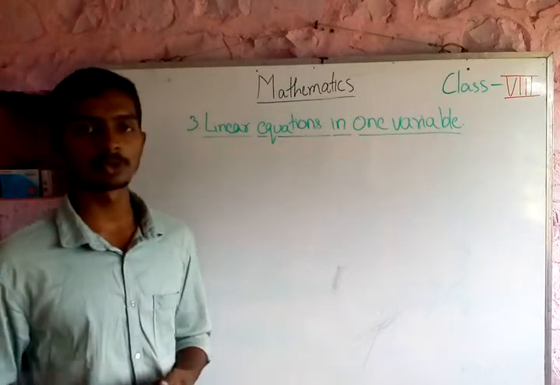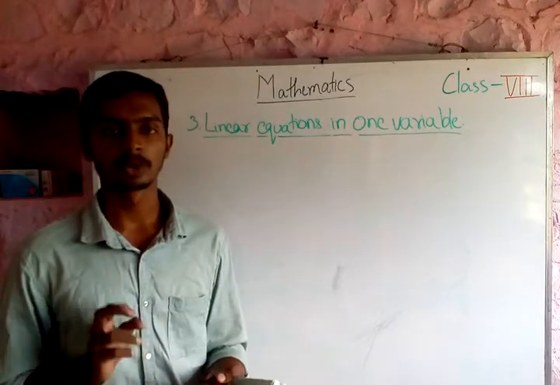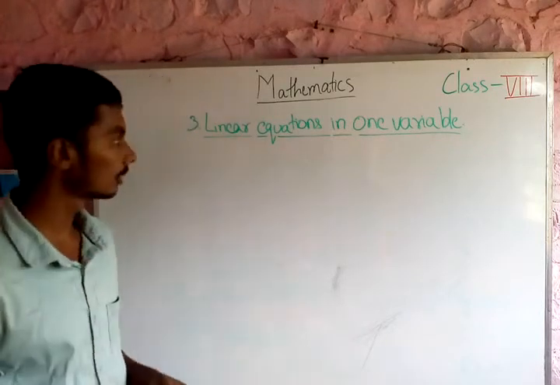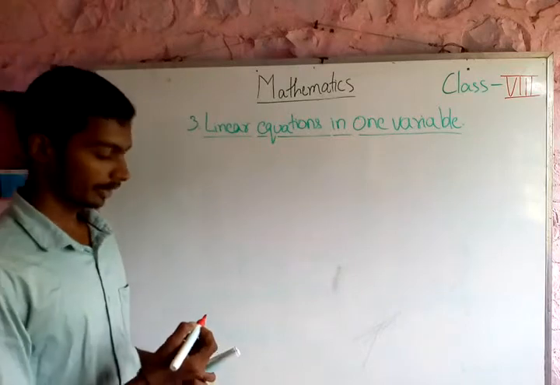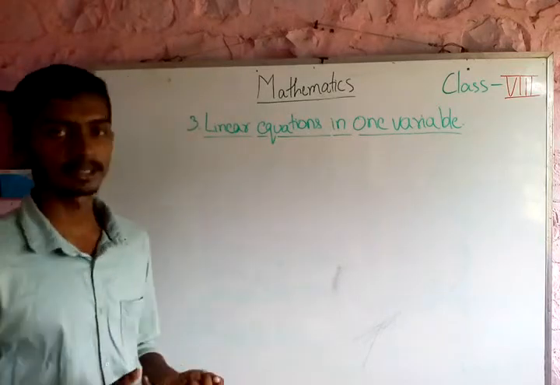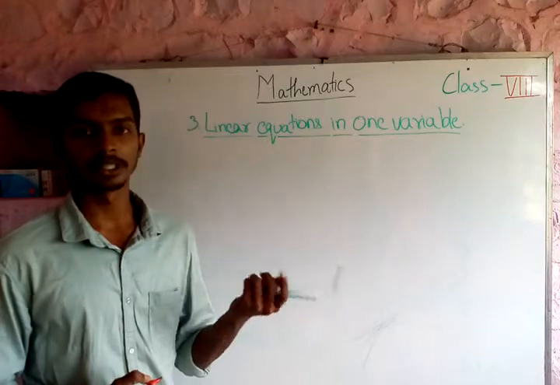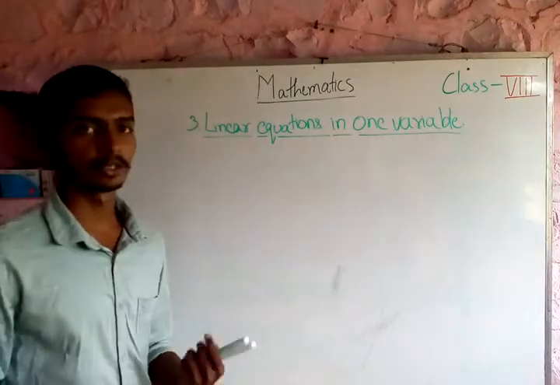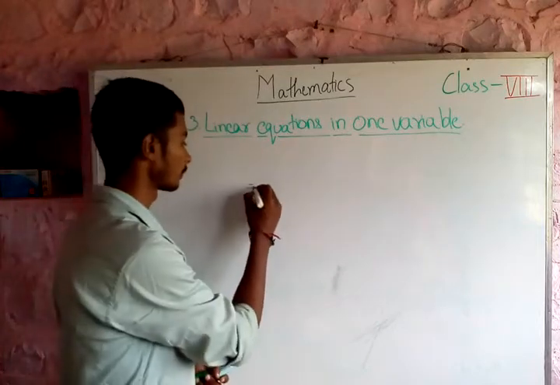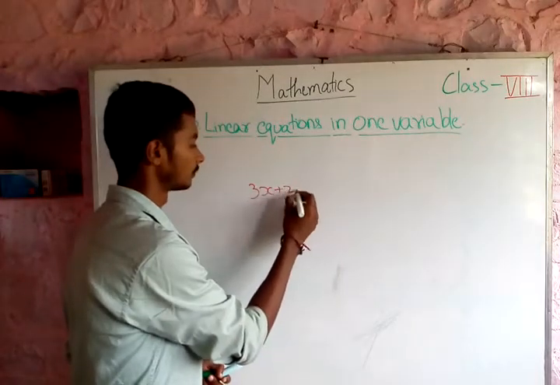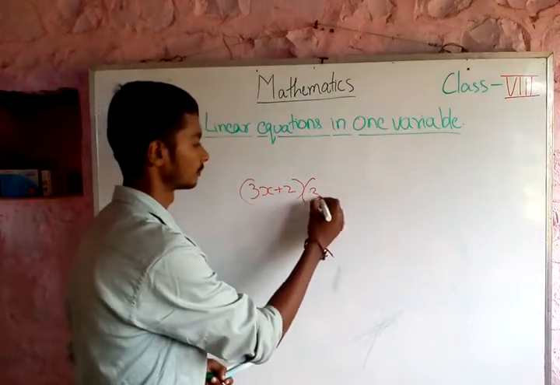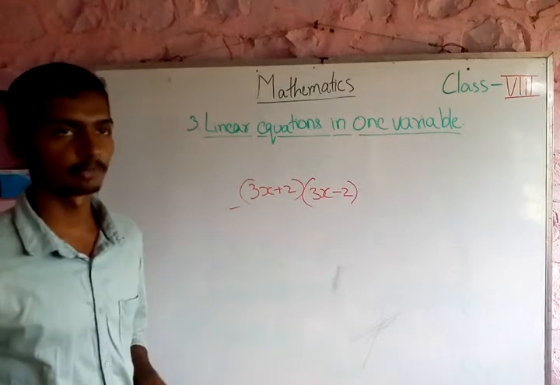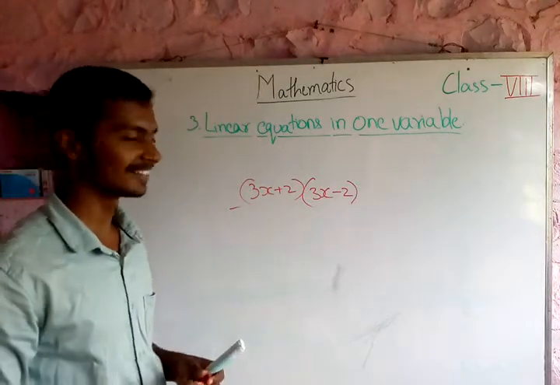So let me introduce what equations are and what the difference between an equation and an expression is. Expression means any mathematical statement without an equal to sign. For example, you might have solved some examples of this kind.